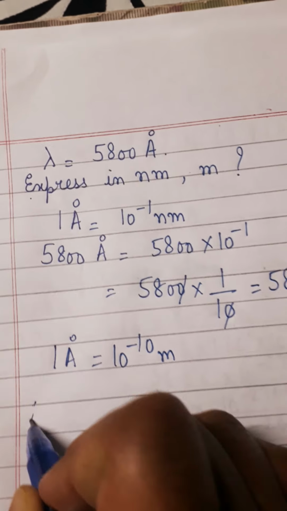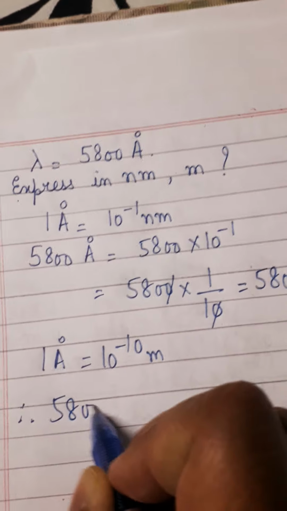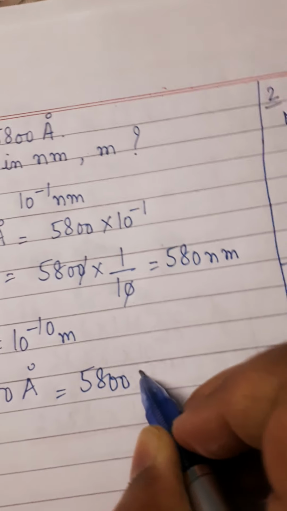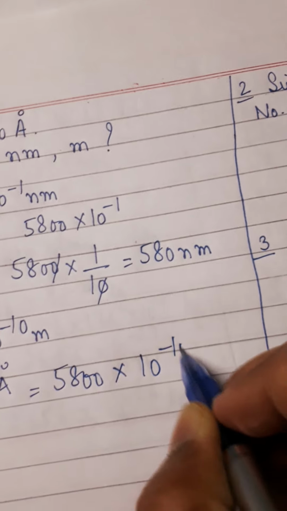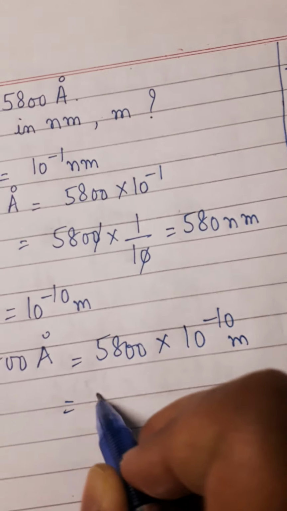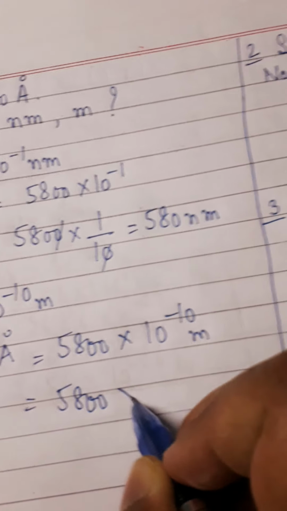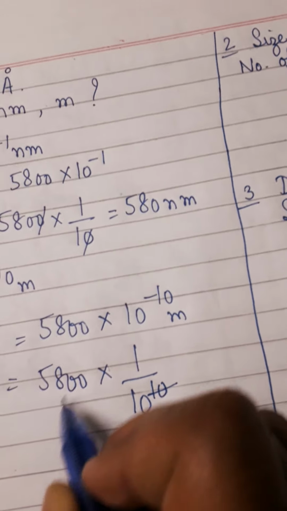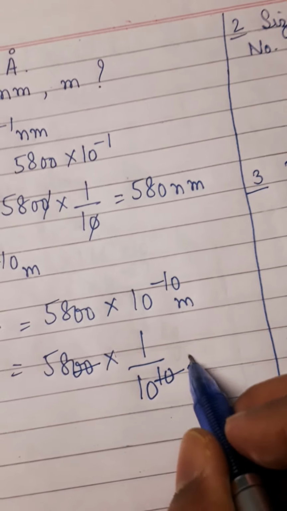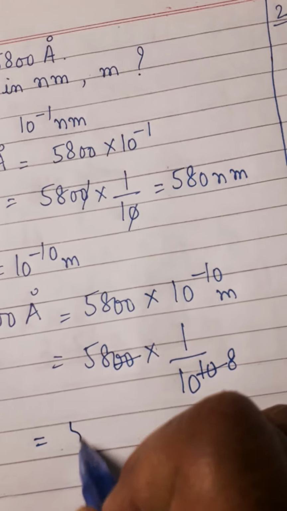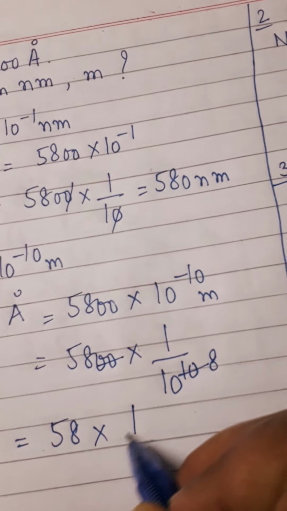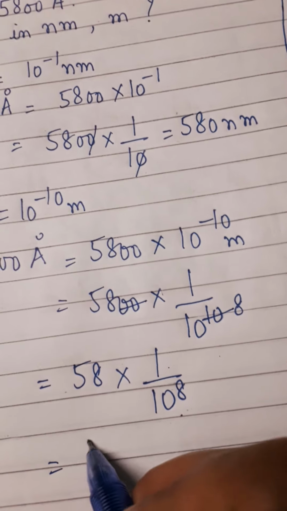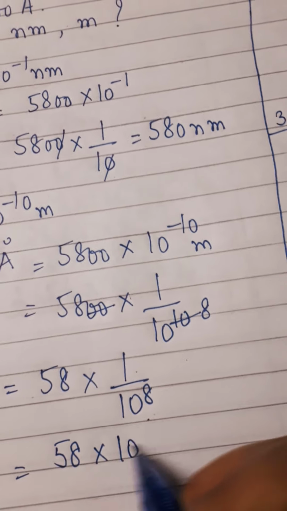So therefore 5800 angstroms will be equal to 5800 into 10 to the power minus 10. Okay, so now what is 10 to the power minus 10? 1 by 10 to the power 10. The 2 zeros will cancel with 10 zeros, so 8 remain behind. So what do I get? 58 into 1 upon 10 to the power 8. Now when I bring this 10 to the power 8 up, it becomes 58 into 10 to the power minus 8.